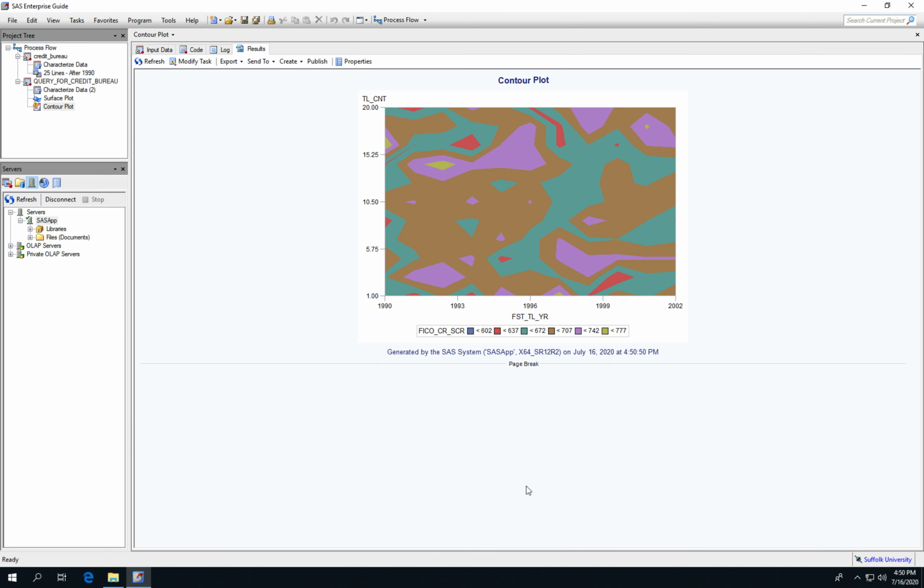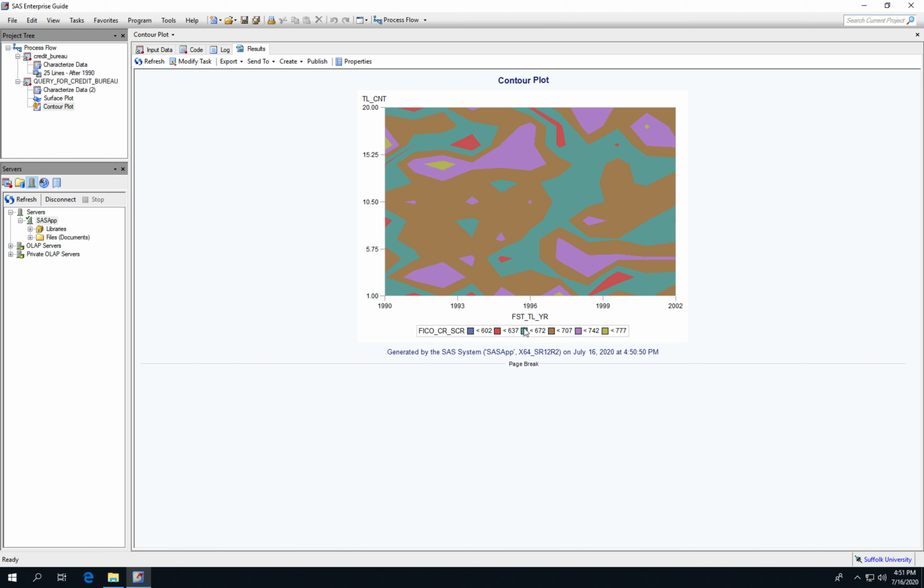This comes back pretty quickly, and even though it doesn't look as cool as the mountainous terrain we had in the surface plot, this contour plot gives me a lot more information. I can very easily and clearly see who has the lowest scores.